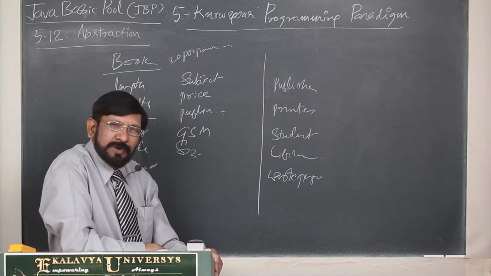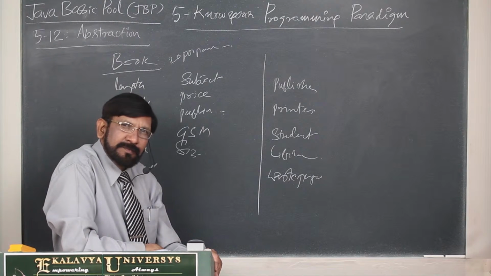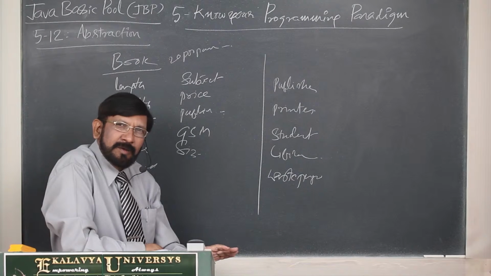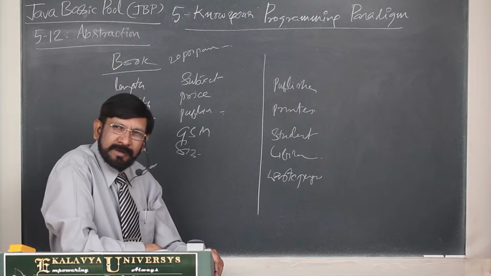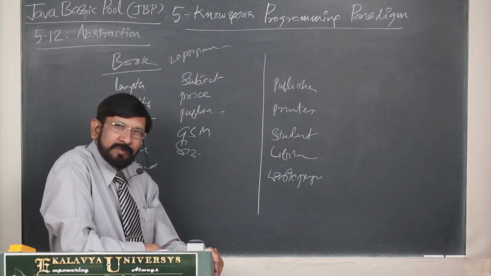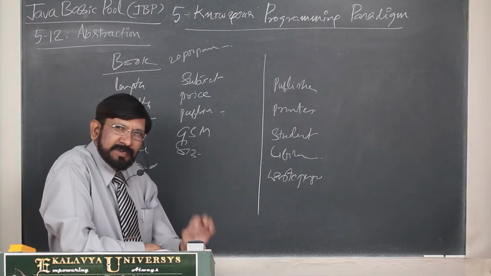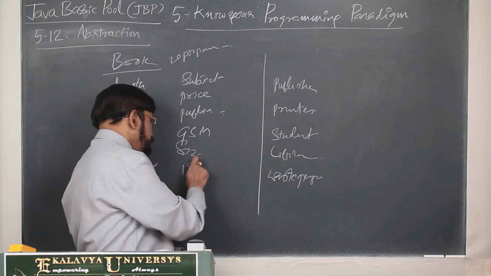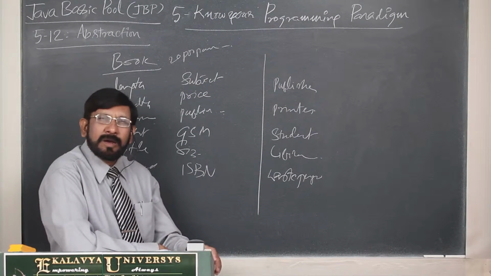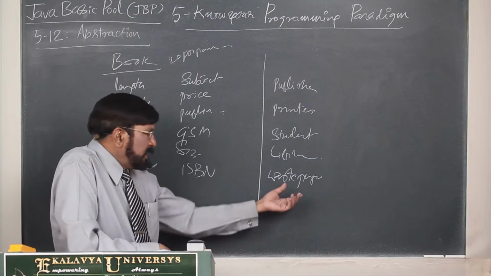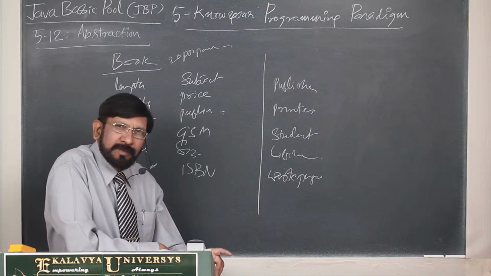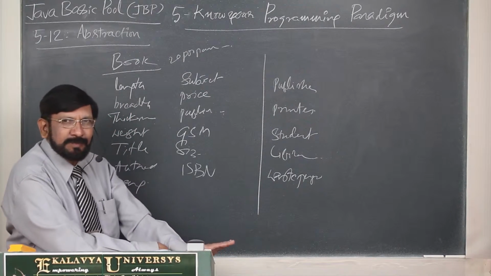If you come to the student: the title, subject, author, price and discount. If you come to a librarian: what is the title, who is the publisher, what is the ISBN number and what is the discount available. And you come to the waste paper dealer. The waste paper dealer also deals with the book.